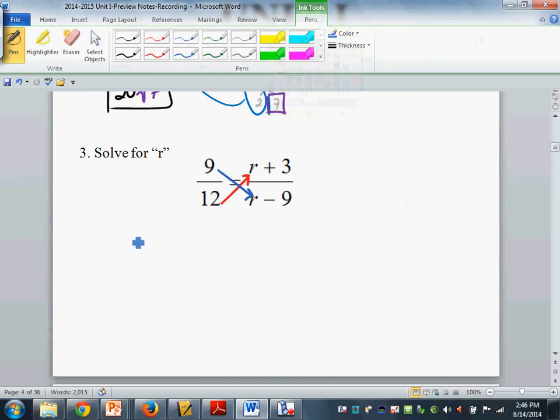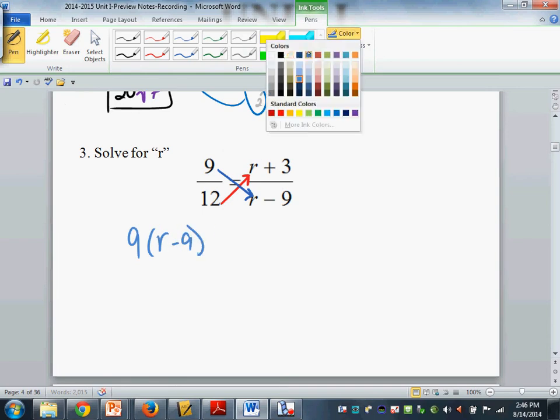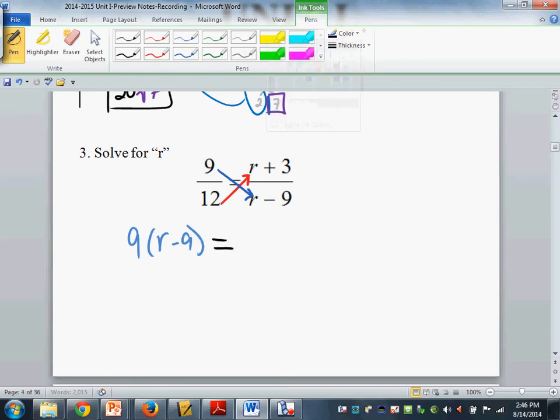So this is going to be 9 parentheses r minus 9, equals 12 parentheses r plus 3. I want you to take a minute, do the math from there on your own. I'll show you the answer in about a minute.